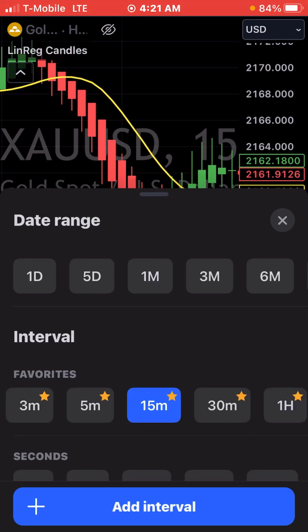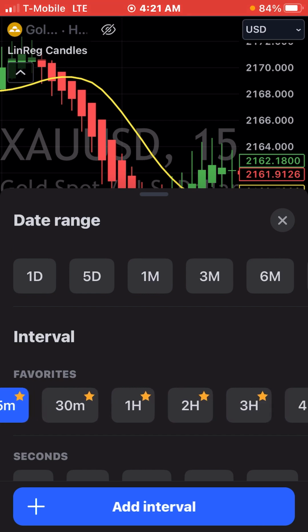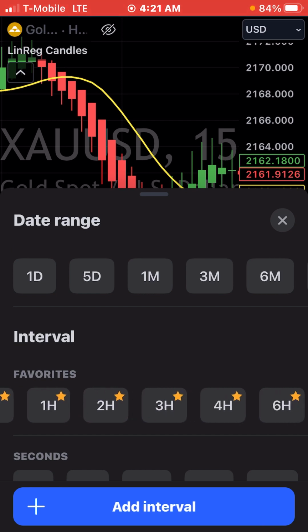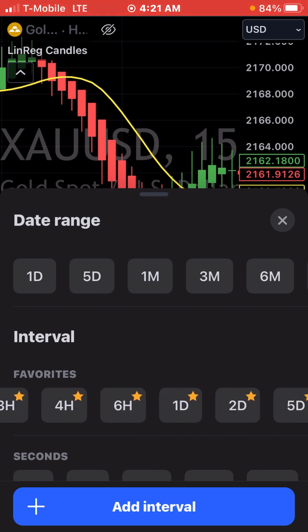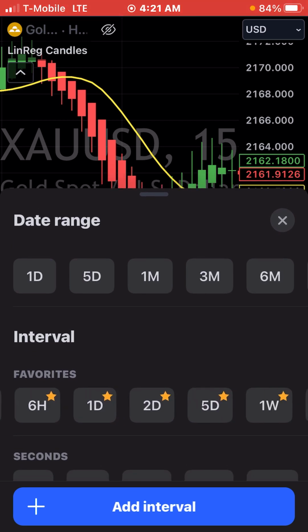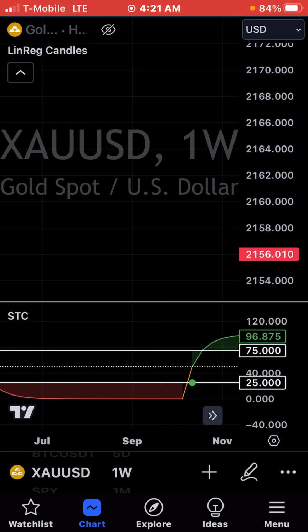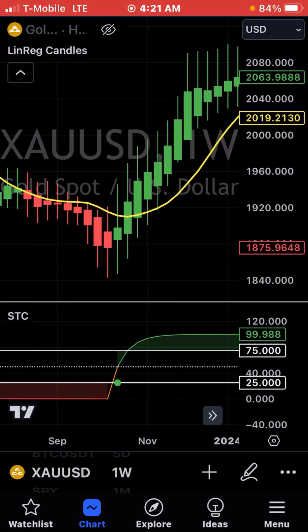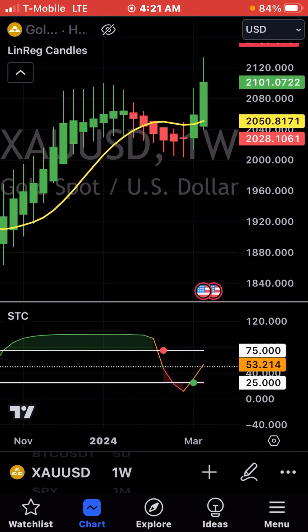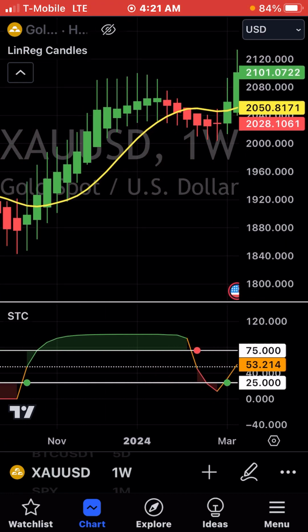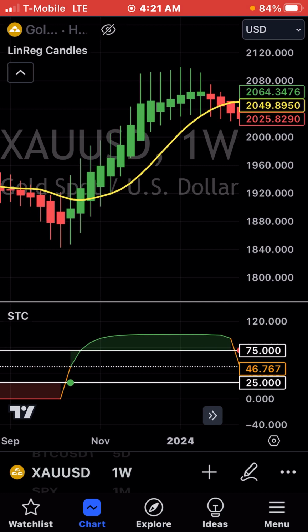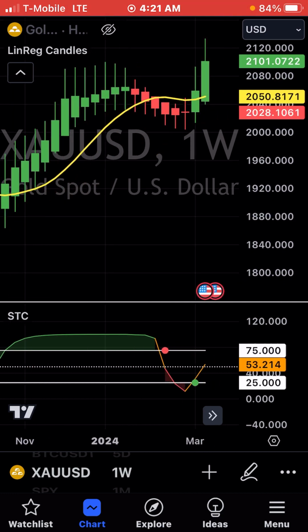From what I could tell, it's better to do this on longer time frames. Now, I real quickly want to look at the weekly, and we'll look at the weekly and we'll look at the daily. Now, if you can actually catch something, let's go right here.